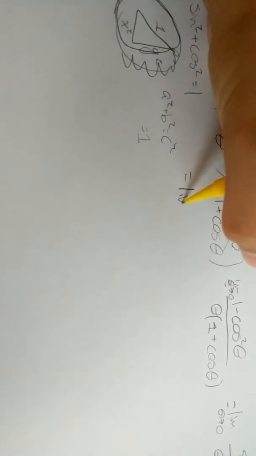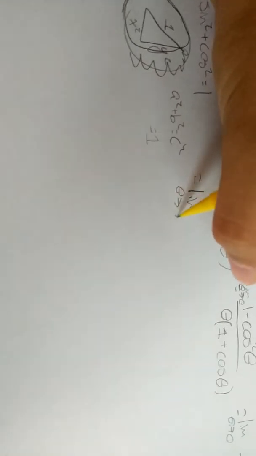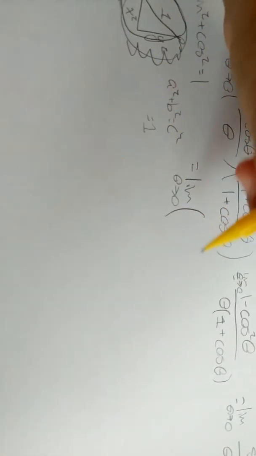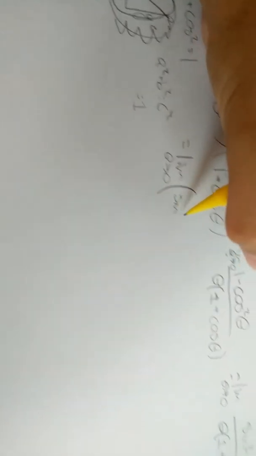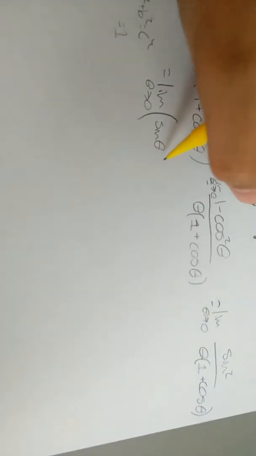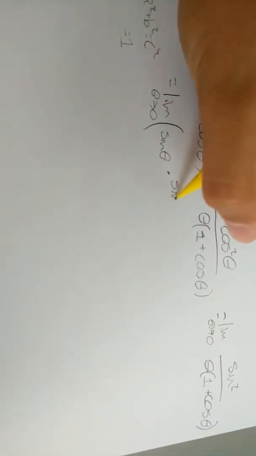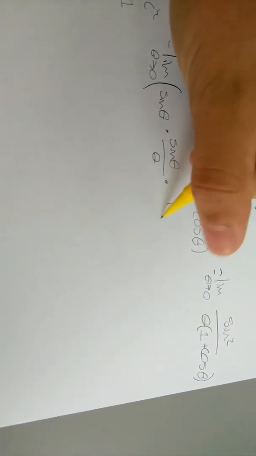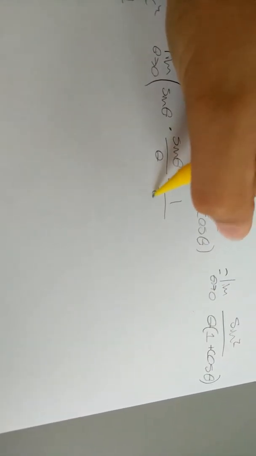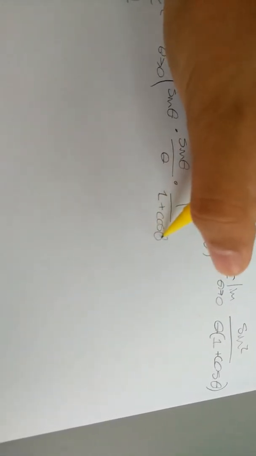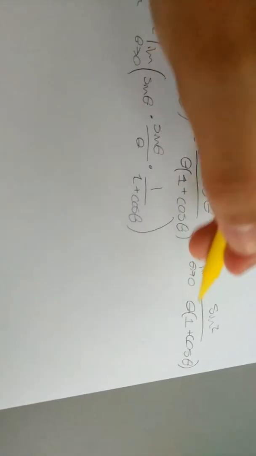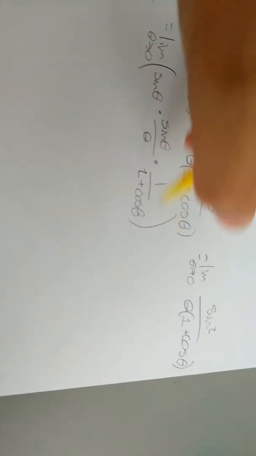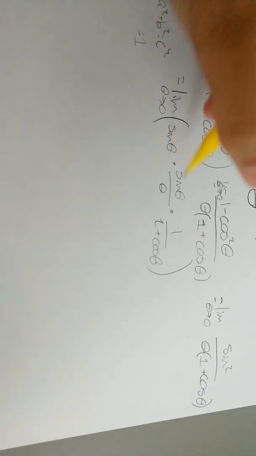So this is going to be equal to the limit as theta approaches 0 of sine of theta times sine of theta over theta. So now I dealt with these two sines and this theta. Then I still need to multiply by 1 plus cosine theta so that I can include all of these terms.